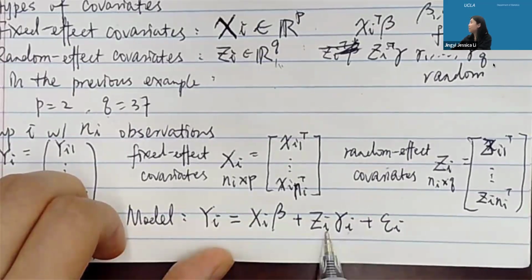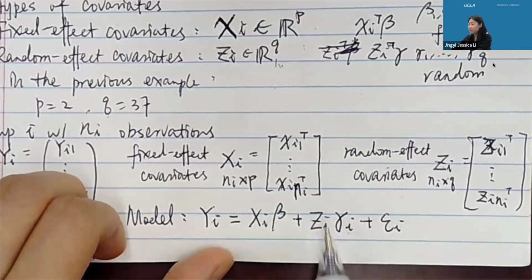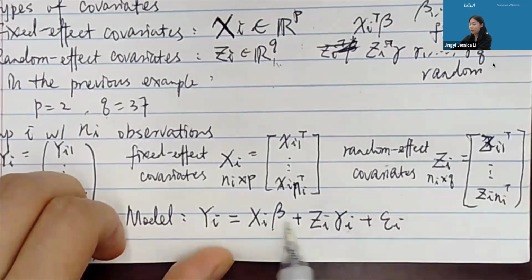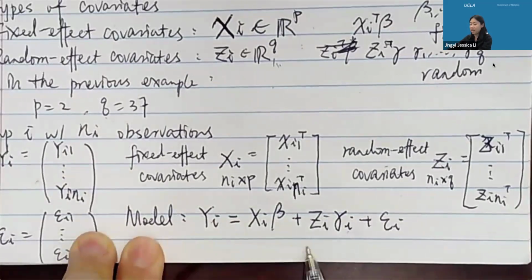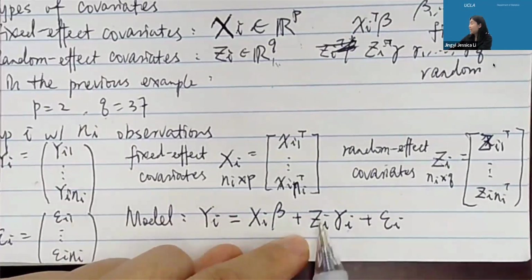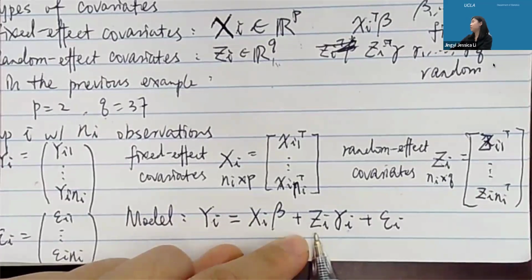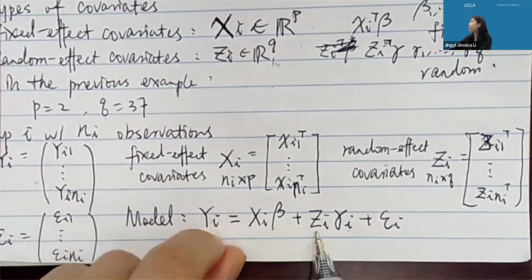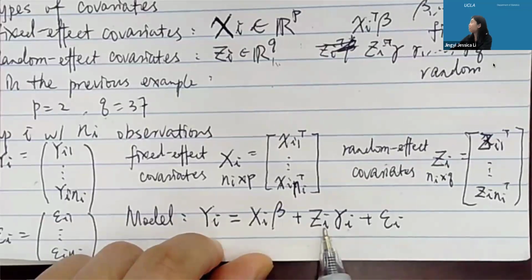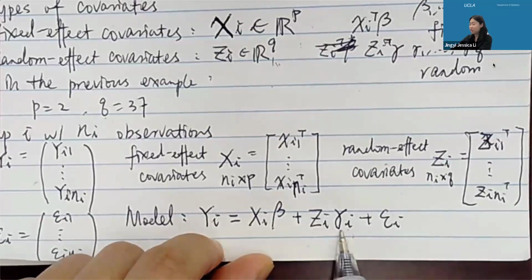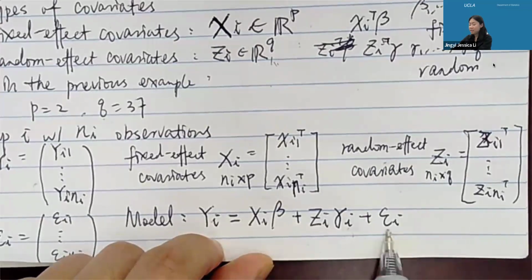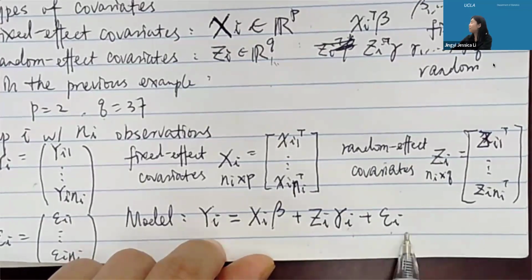In a random intercept model, in this way of writing it, zi is just binary. It's no longer 37-dimensional because we're looking at group i alone, whether it belongs to group i or not. So then that's just the intercept. And this epsilon i is the random error.